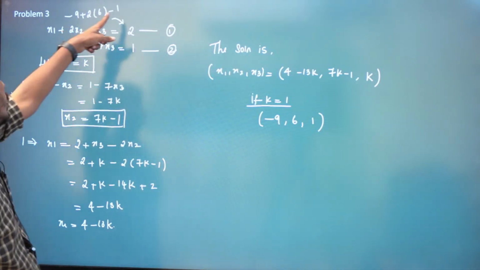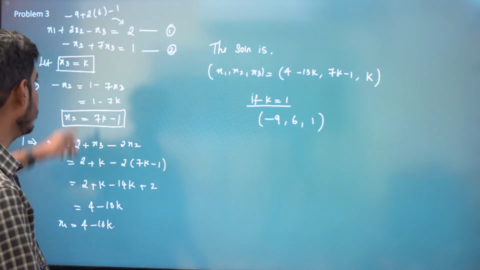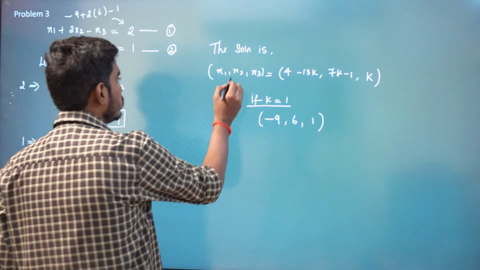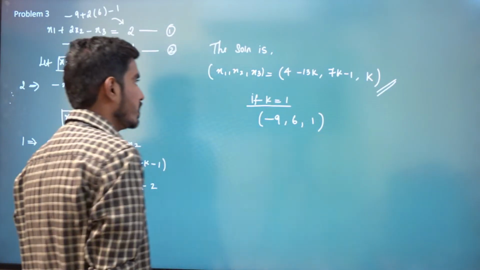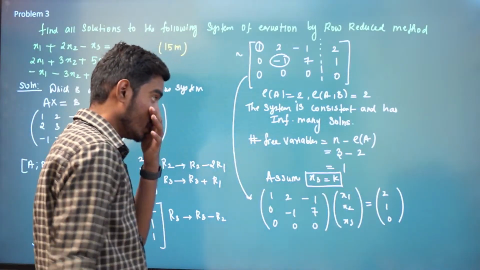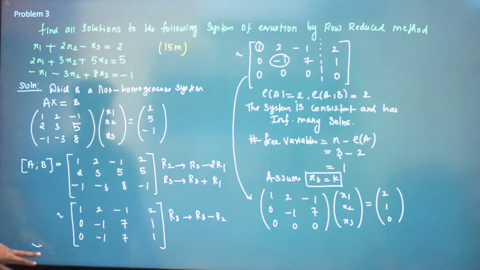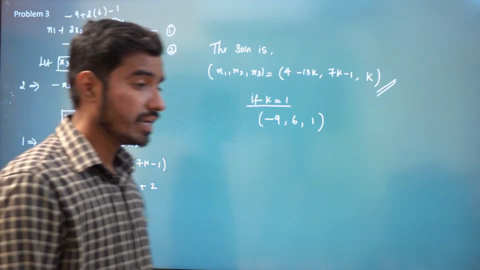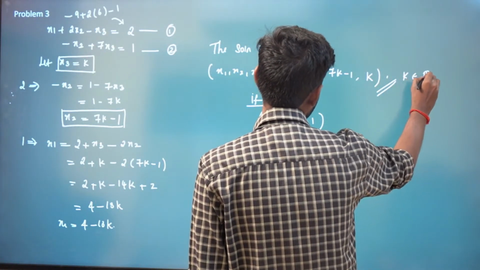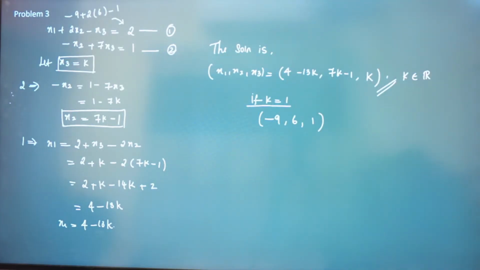So we have 12 minus 10 is 2, and also here you can see minus x2, that means minus 6 plus 7, which is equal to 1. Therefore, this is our solution. This is our solution space, right? Sorry, I thought it is 0, 0, 0. Okay, we'll move on to the next problem. The solution space is given by 4 minus 13k, 7k minus 1, and k, right? Yes. So we'll move on to the next problem.